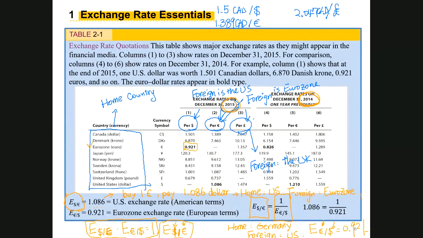Does this make sense? Think about the story of the traveling. That's the reason why these two are reciprocal with each other.